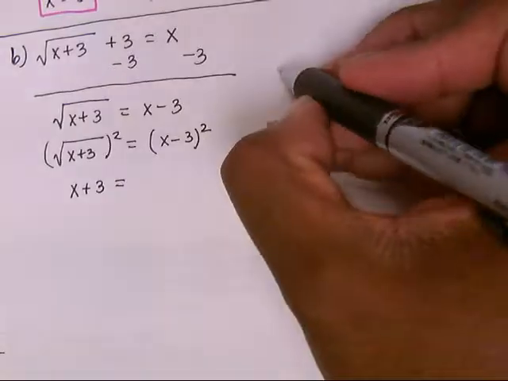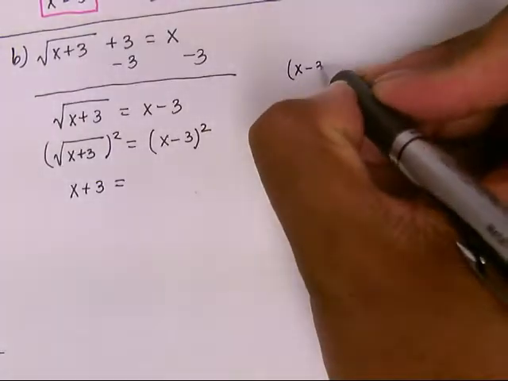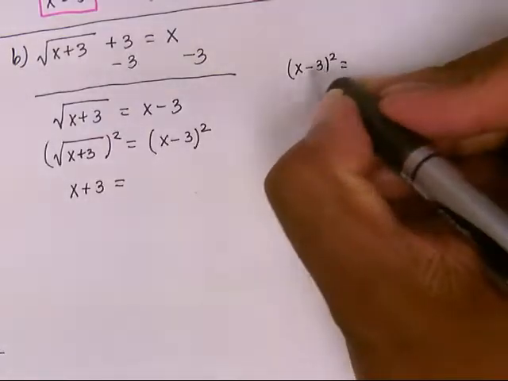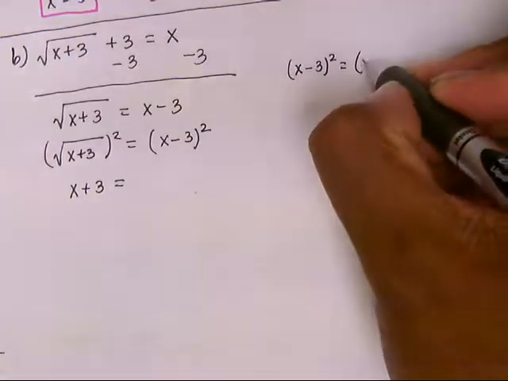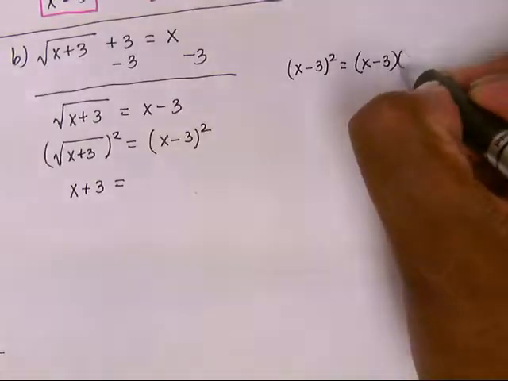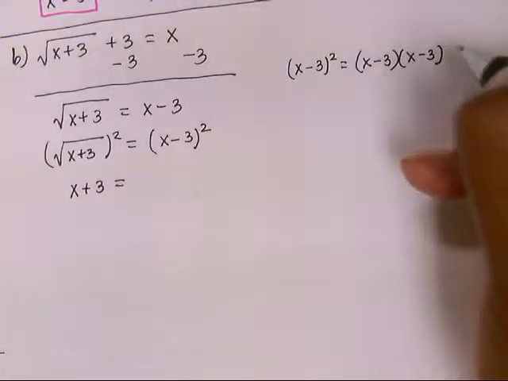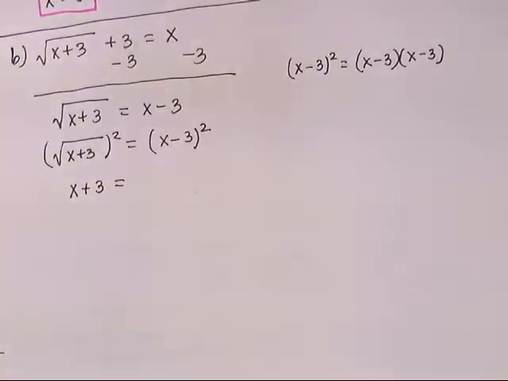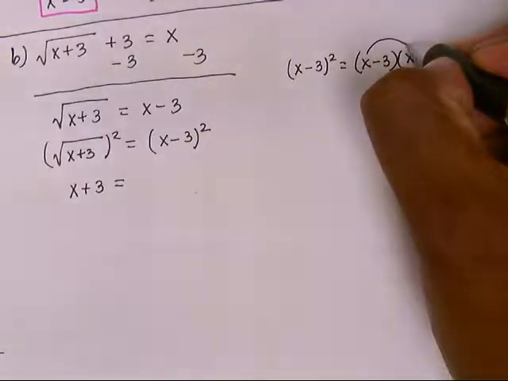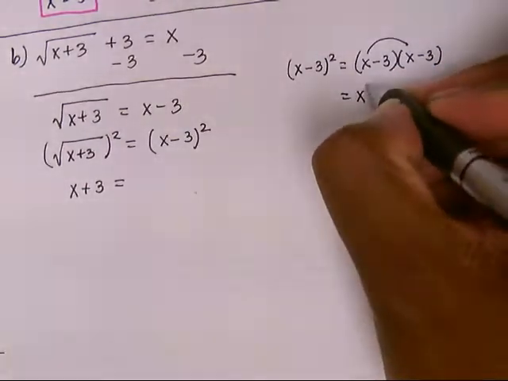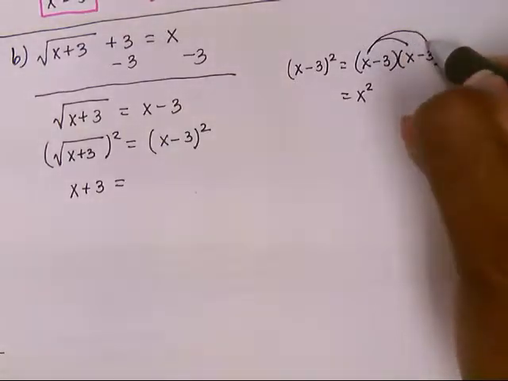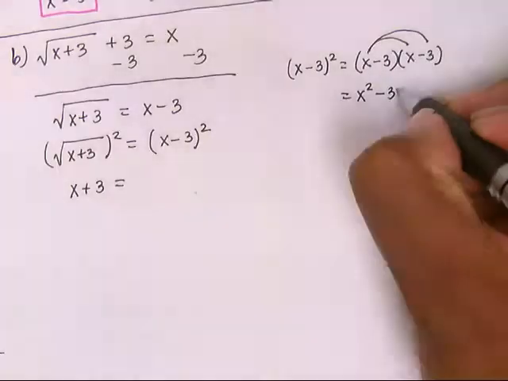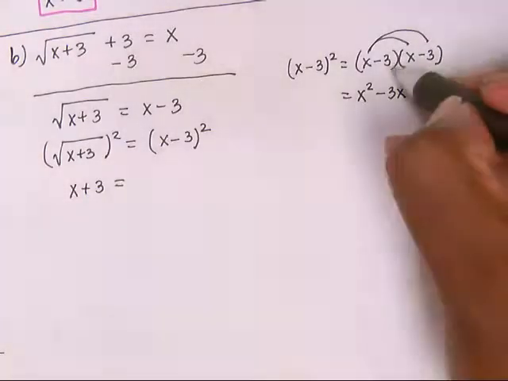Now that x minus 3 quantity squared, I'm going to do this off to the side. Since x minus 3 is used as a factor twice, I'll write it as x minus 3 times x minus 3. And then we go ahead and use the FOIL method. X times x, that's x squared. The outer, x times a minus 3 is a minus 3x.